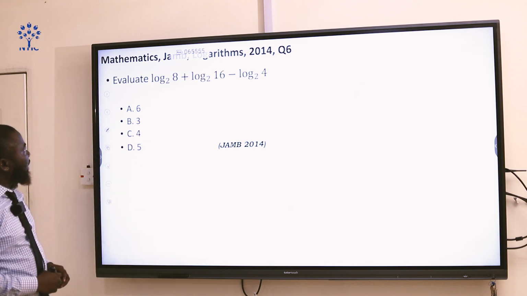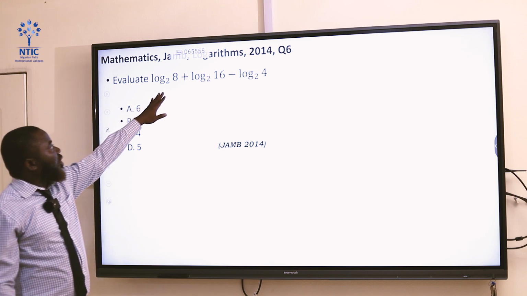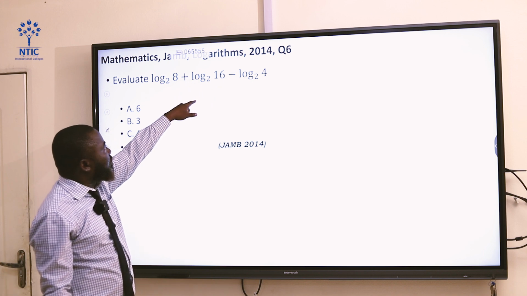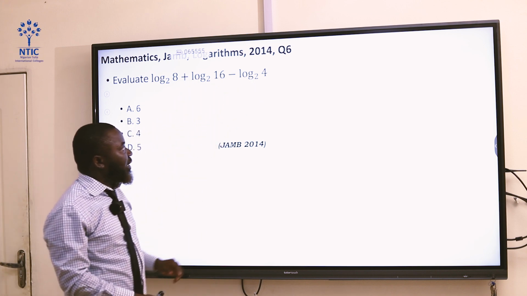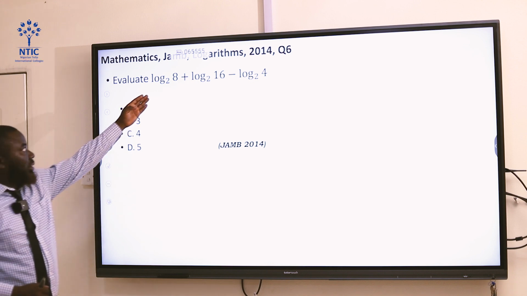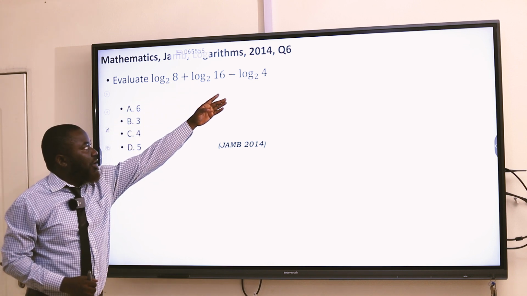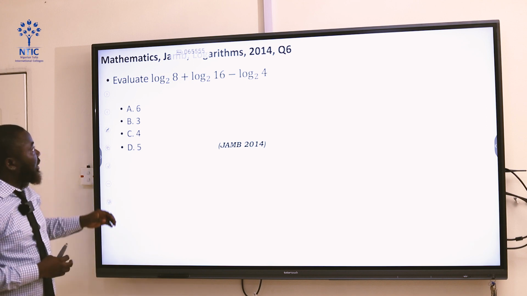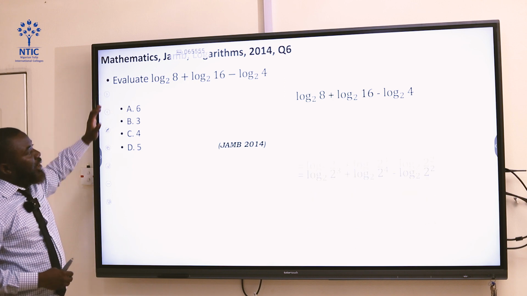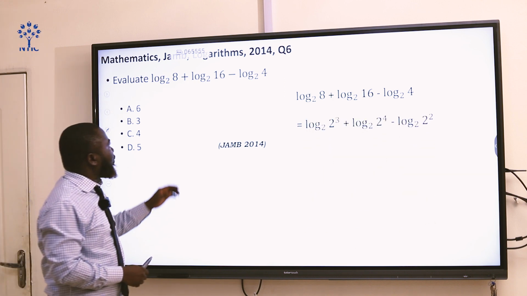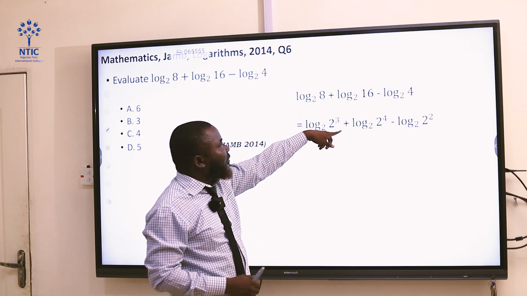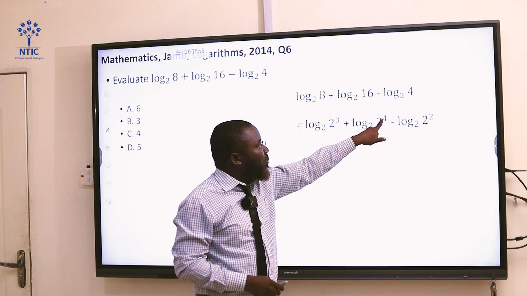The next question says, evaluate log 8 to base 2 plus log 16 to base 2 minus log 4 to base 2. Now, since the bases are the same, and we have 8, 16, and 4, which can be broken down to powers of 2, then we can break them into powers of 2. Log 8 is the same thing as log 2 to the power of 3. Log 16 is the same as log 2 to the power of 4.